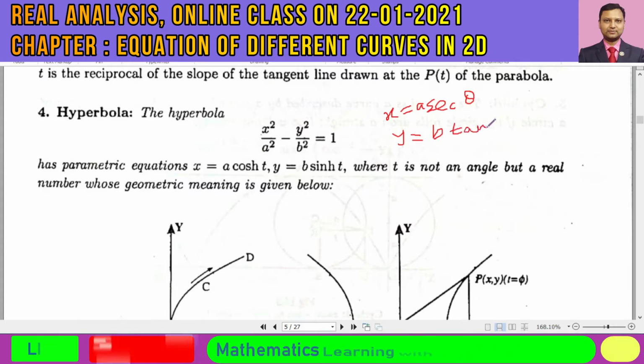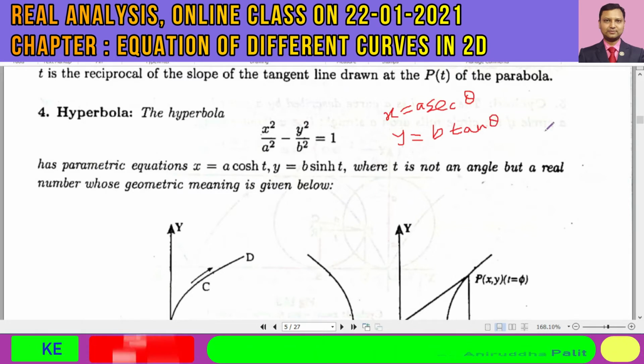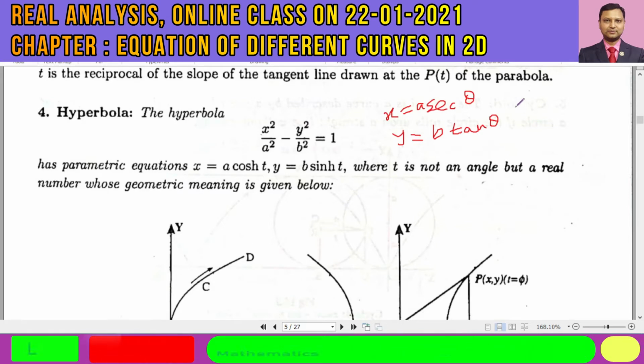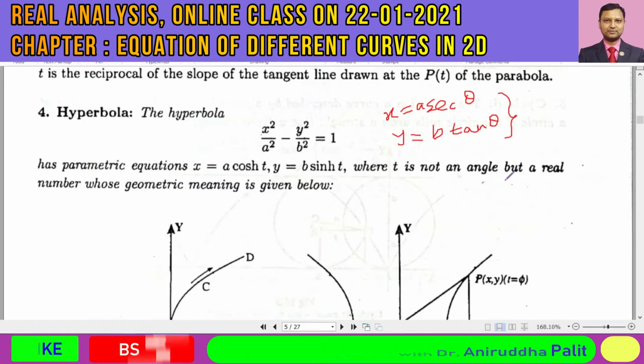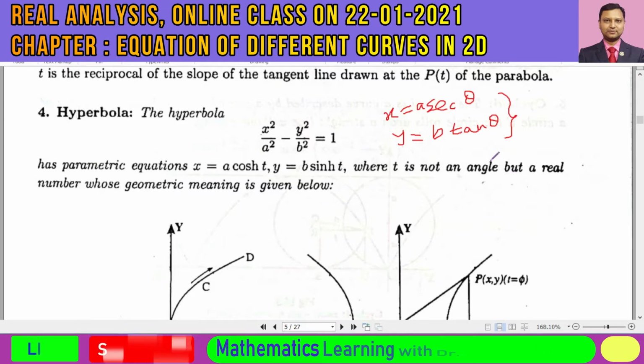So this kind of parametric representation is also possible. So what you observe over here is that a single curve may have two or more different parametric representations. What I am trying to say is that the parametric representation of a curve is not always unique. You may get different parametric representations of a single curve. Got it?